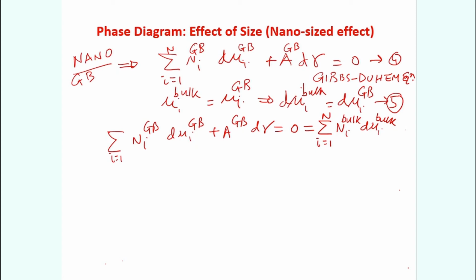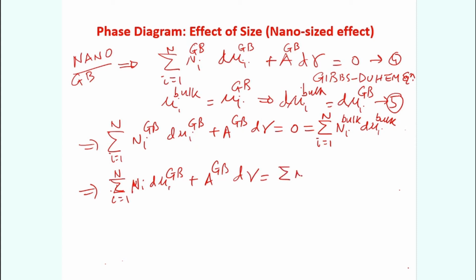So now, because we have done this, in the top equation we can always write down d mu i bulk as d mu i GB. This term, because of this equality, I can change over.